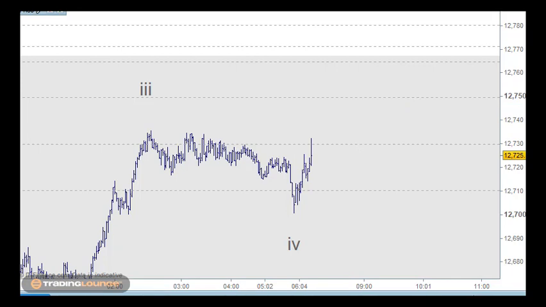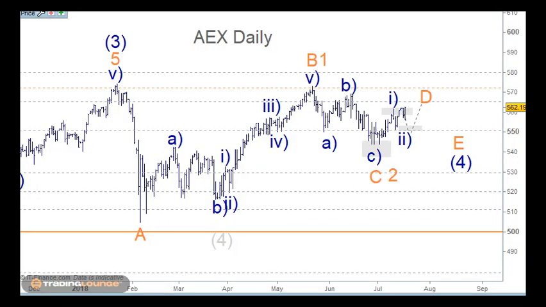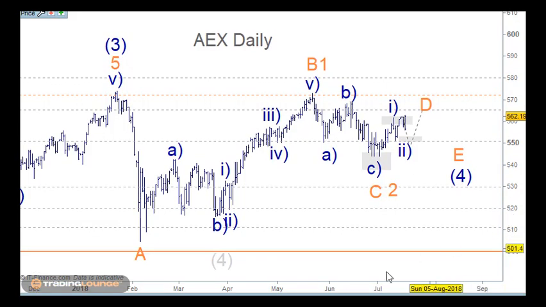Okay, moving on to the Netherlands, the AEX here. We're covering 2 counts here to line up with the DAX, and one of them is that wave 3 here, an A wave and a B wave, and a C, a D, and an E here for wave 4, a bit complicated.